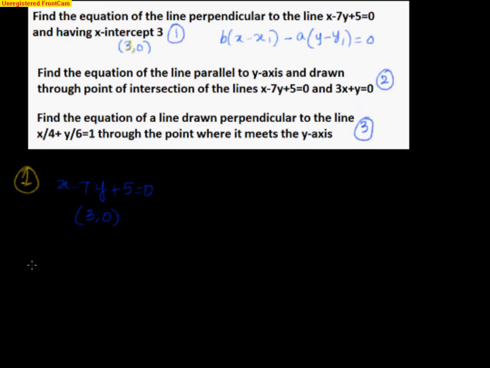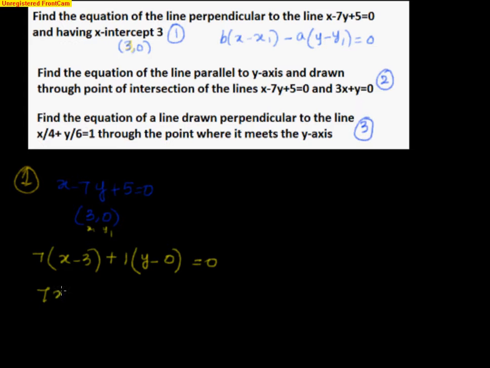So my equation will be b, that is nothing but 7 into x minus x1, this is my x1 and this is my y1. 7 into x minus 3, minus will become plus a into a is nothing but 1 into y minus y1, that is nothing but y minus 0 is equal to 0.